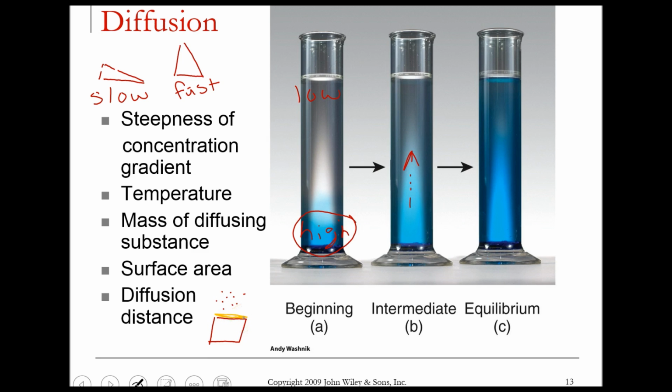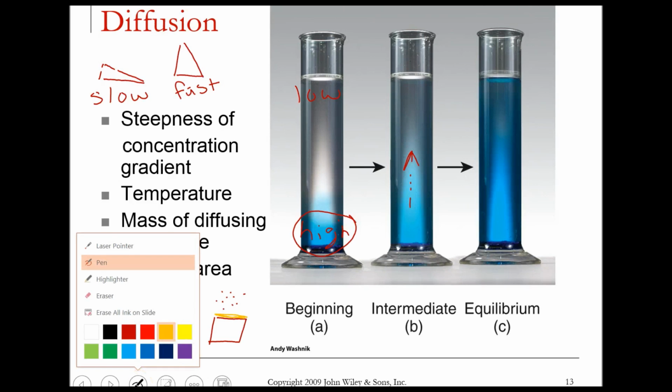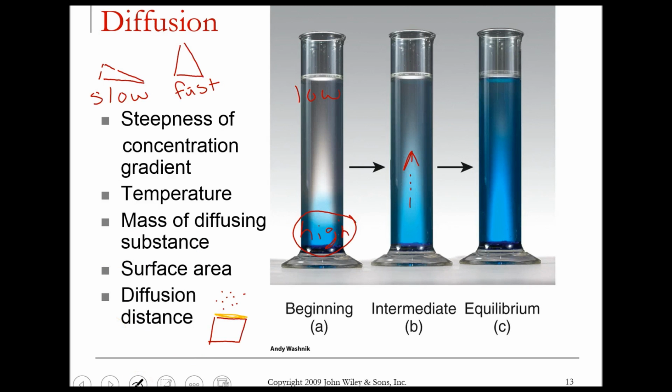However, if we change that just a little bit, and let's say we add a cell with some villi on its surface, then if you look, you can see that the surface has a lot more area. So by increasing the surface area, you increase how fast the particles will diffuse across that membrane.